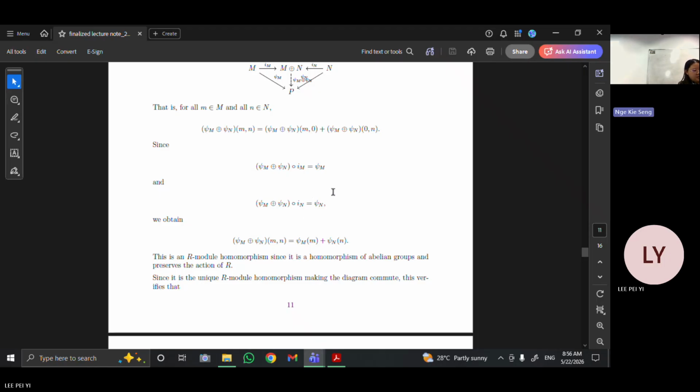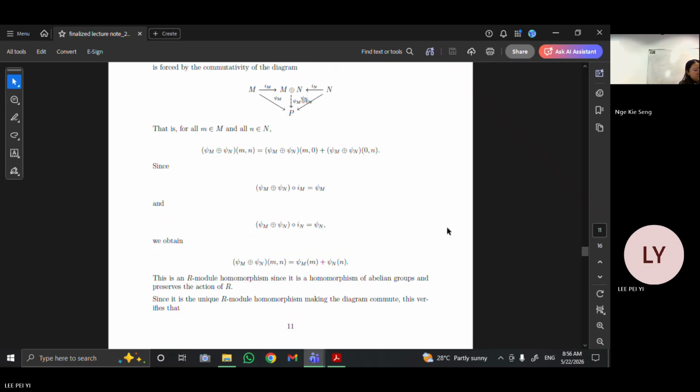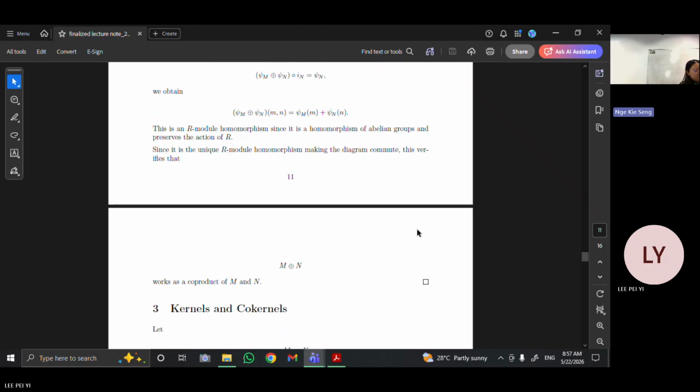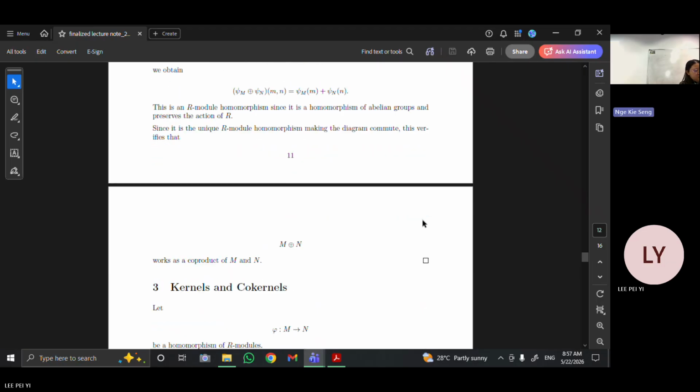This is an R-module homomorphism, since it is a homomorphism of abelian groups and it preserves the action of R. Since it is a unique R-module homomorphism, the diagram commutes, and this verifies that M ⊕ N works as a coproduct of M and N.